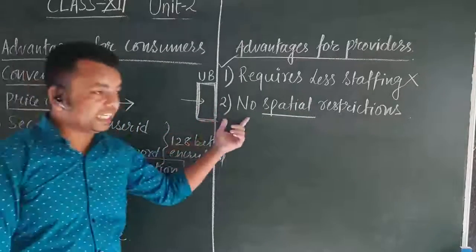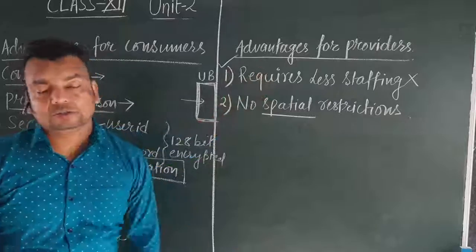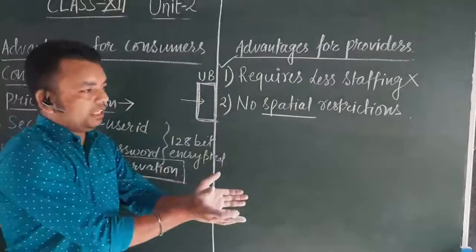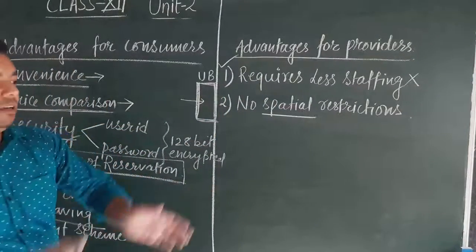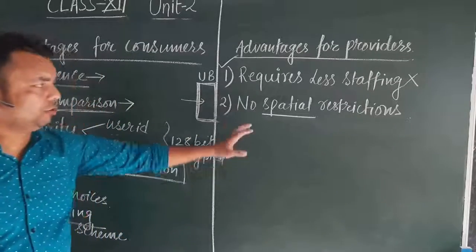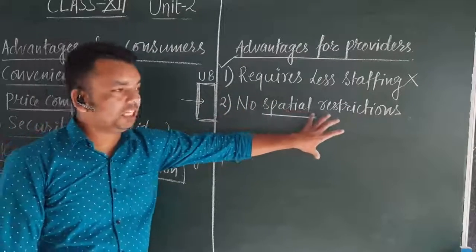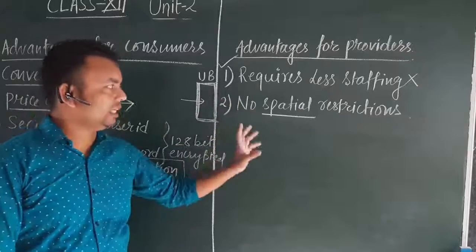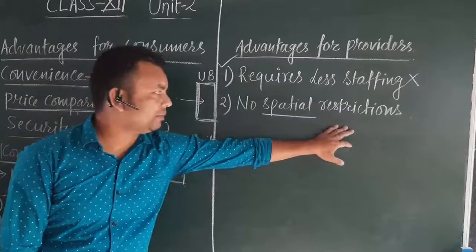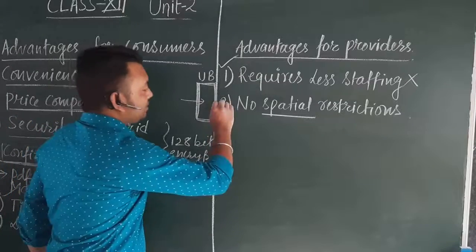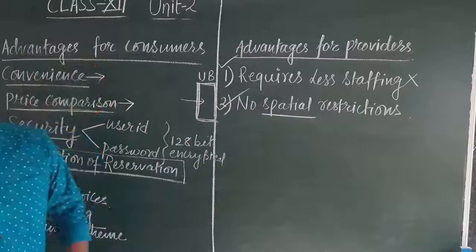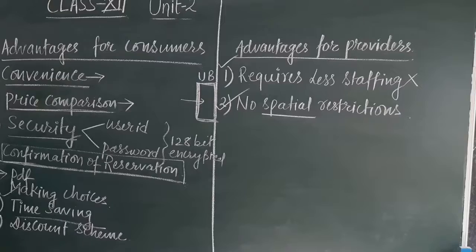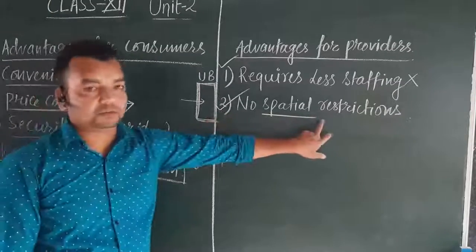He can provide those services from his or her own garage, from his backyard, from his or her lawn, wherever a small space is available. If internet and computer are there, then he or she can provide that particular service, and the restriction of space is also not there. So this is the second advantage for providers.